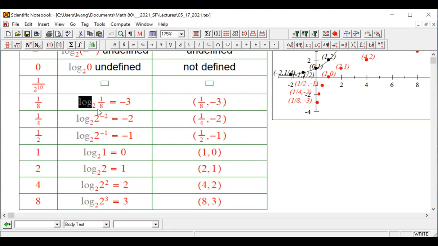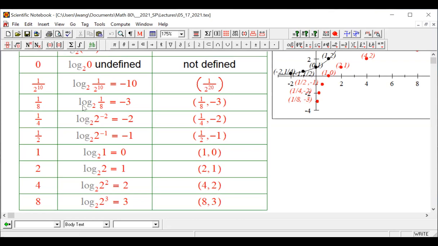And log base 2 of 1 over 2 to the power 10, which is 2 to the power negative 10, is going to equal negative 10. And the output is negative 10. So that point is going to be way lower, very close to the y-axis, but never touching it.